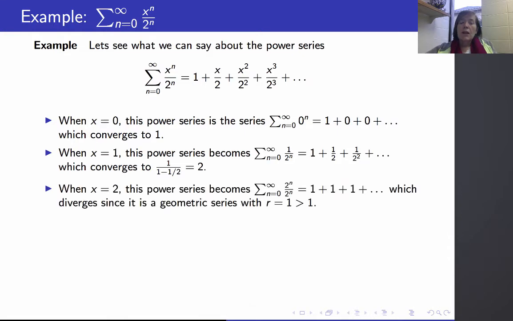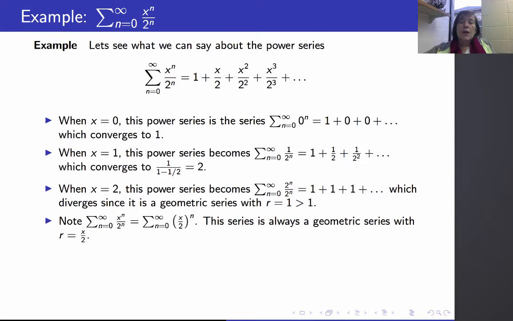If we actually take x equals 2, this power series becomes the sum from 0 to infinity of 2 to the n over 2 to the n, which is 1 plus 1 plus 1, etc. And this diverges since it's a geometric series with r actually equal to 1.